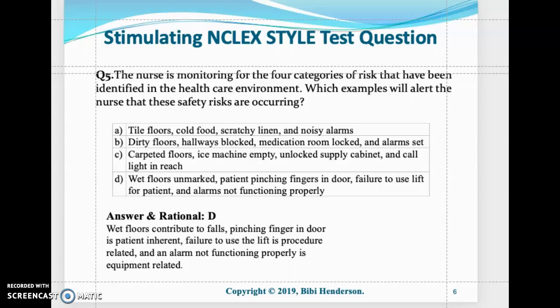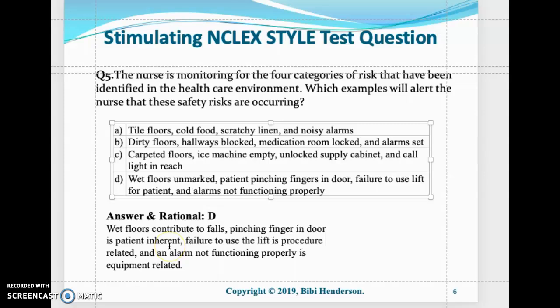The nurse is monitoring for 4 categories of risks that have been identified in the healthcare environment. Which examples will alert the nurse that these safety risks are occurring? So the correct answer here is D. Wet floors, unmarked patient pinching fingers in a door, failure to use a lift for a patient, and alarms not functioning properly.